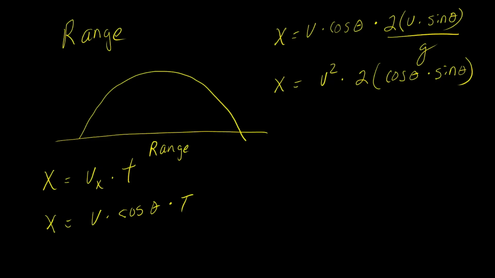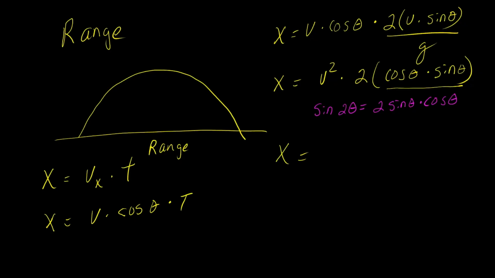Okay, here we need to use the double angle formula. It says that the sine of 2 theta is equal to 2 sine theta times the cosine of theta. All right, so we're basically going to use this so that this part here will be equal to sine of 2 theta.